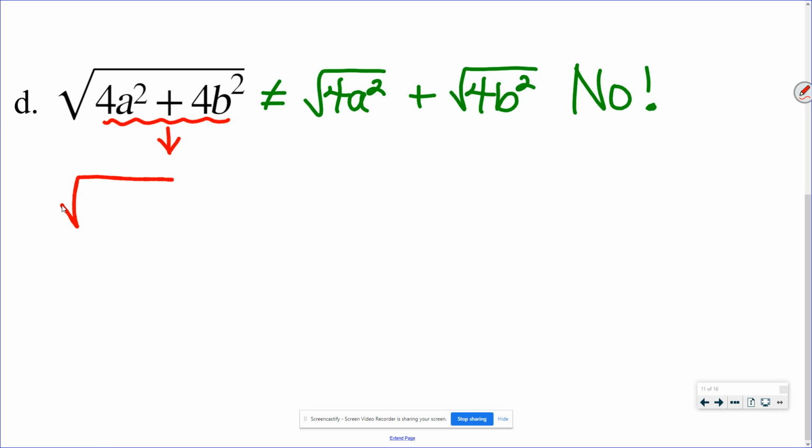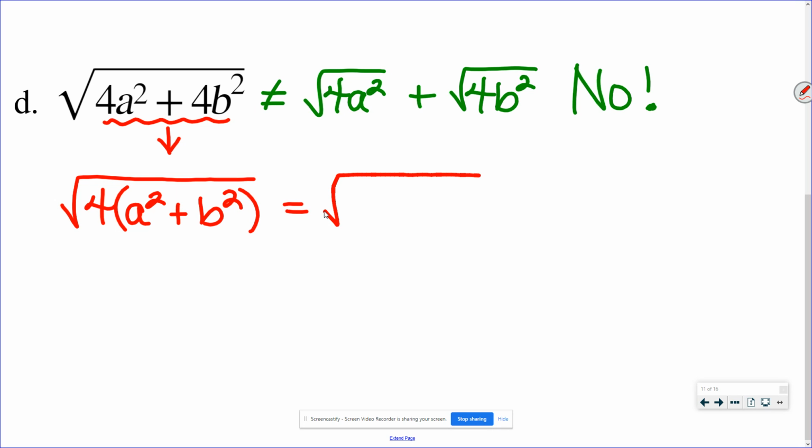However, what you can do is both terms have a 4, so you can factor a 4 out of both terms. And when you do that, this creates a multiplication scenario because this is equivalent to 4 times a squared plus b squared.